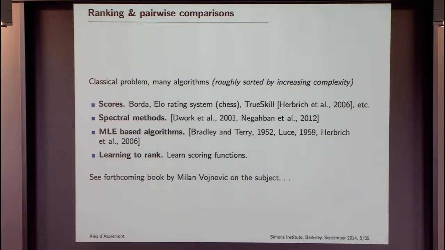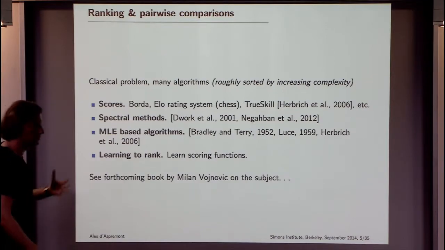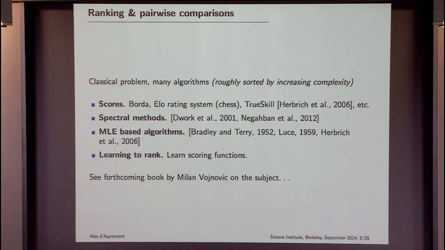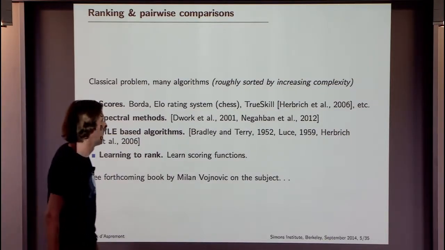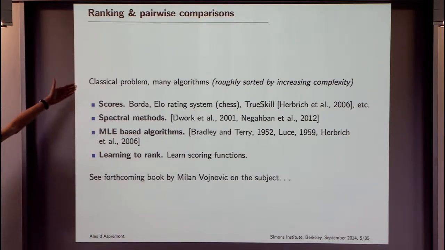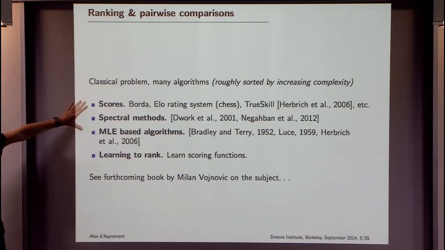And finally, there are algorithms that use learning methods like support vector machines to learn a ranking based on a feature set generated from the preference information. Okay, so this is by increasing order of complexity.